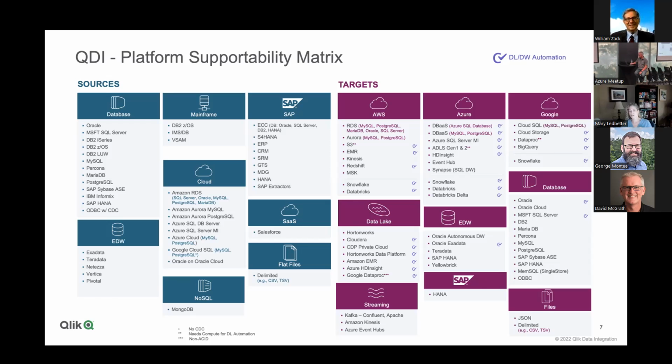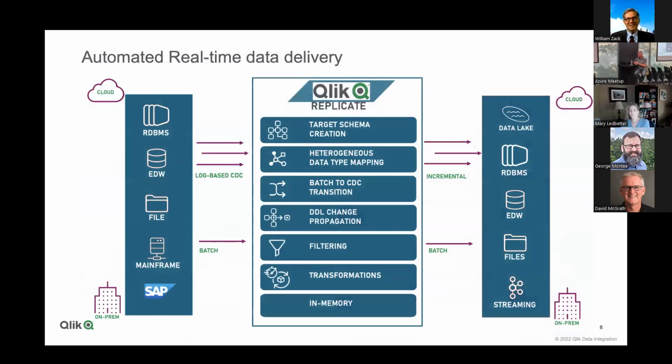But if you go forward one slide, please, Dave. This is not exactly a reference architecture, but it's close. And it's more informative than my reference architecture, so I'm using this instead. But what Replicate does right now, it is a client-managed middle tier server that can sit on-prem, it can sit in the cloud, it can be a VM.